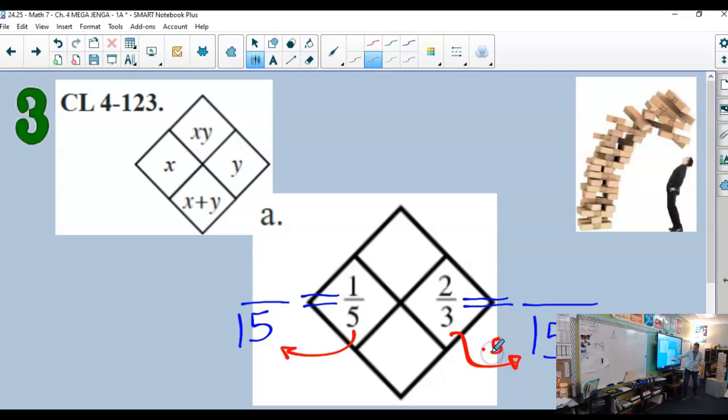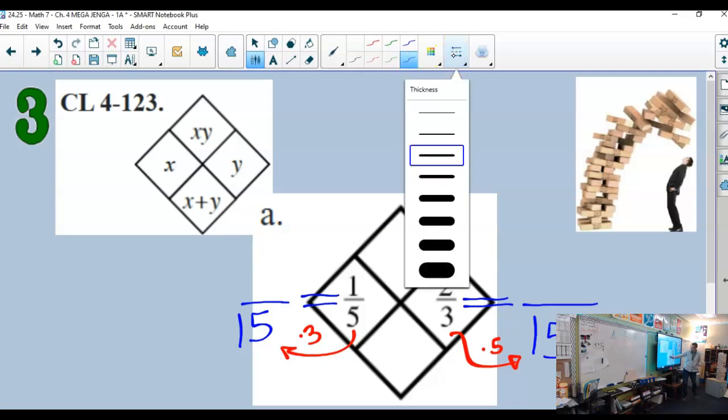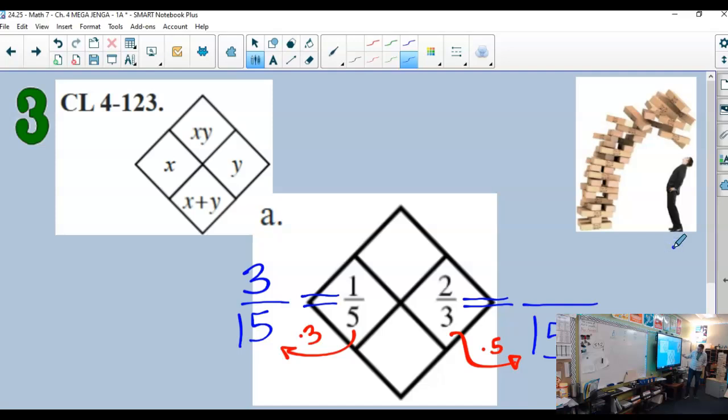So if you weren't quite sure about what to do, maybe look up here, because this is what that group did. Any questions from what I've put up here so far? Before we can add, we gotta make common denominators.